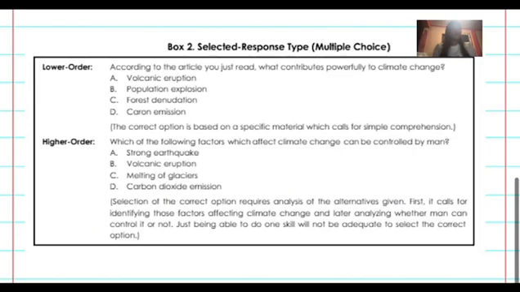So the choices are A, strong earthquake, B, volcanic eruption, C, melting of the glaciers, D, carbon dioxide emission. So selection of the correct option requires analysis of the alternatives given in the question. So first, it calls for identifying those factors affecting climate change and later analyzing whether man can control it or not. Just being able to do one skill will not be adequate to select the correct option.